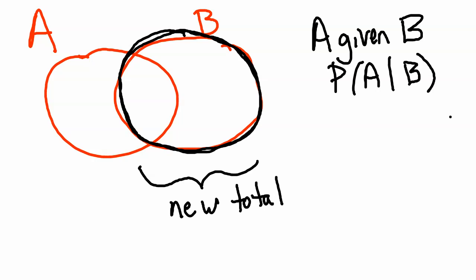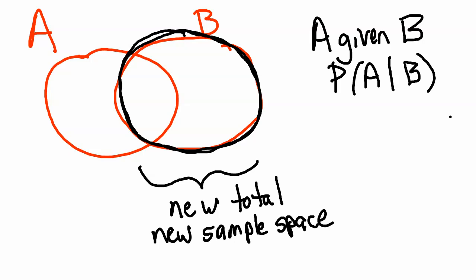It's not the whole thing anymore. We don't care about over here. We only care about what comes out of B because it says given B. So that tells us that we know it's coming out of set B. Well, what are the chances that A happens knowing this?